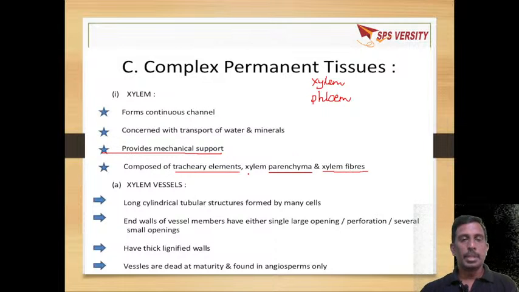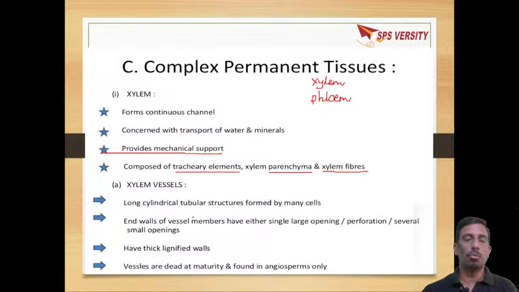Tracheary elements में two subtypes रहता: tracheids और vessels. Both help in water conduction. Vessels are long cylindrical tubular structures और उसका end walls of vessels में perforations रहता, small openings.